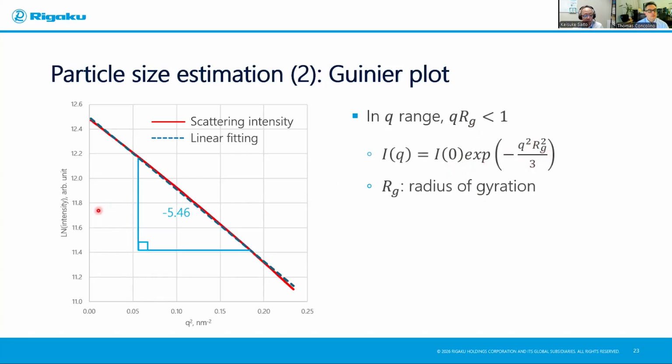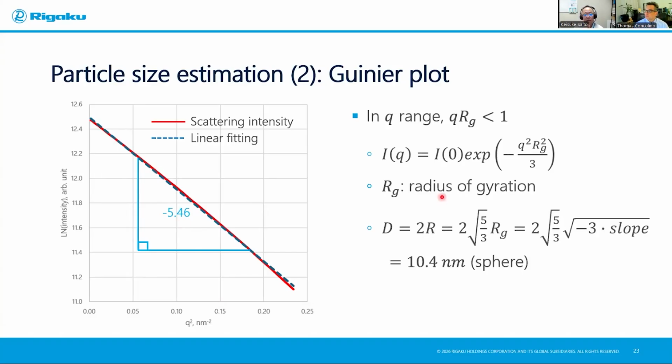For example, this is the scattering intensity of the same sample, with the log of intensity in the vertical direction and Q squared in the horizontal direction. The real data is in red and the linear fit is the dotted line. The slope here was negative 5.46.